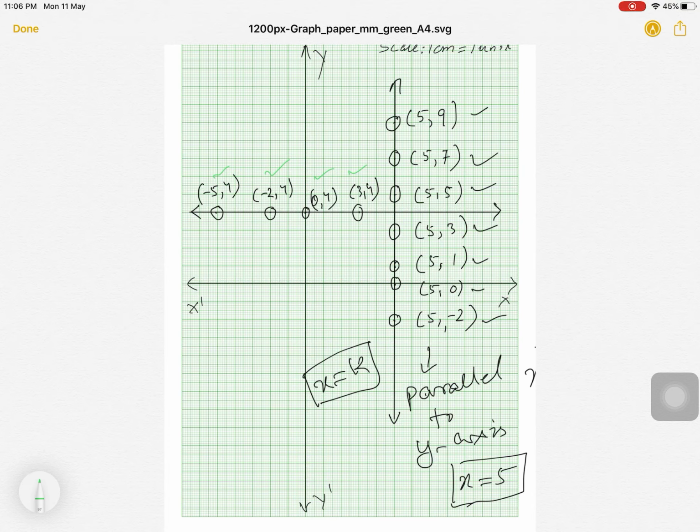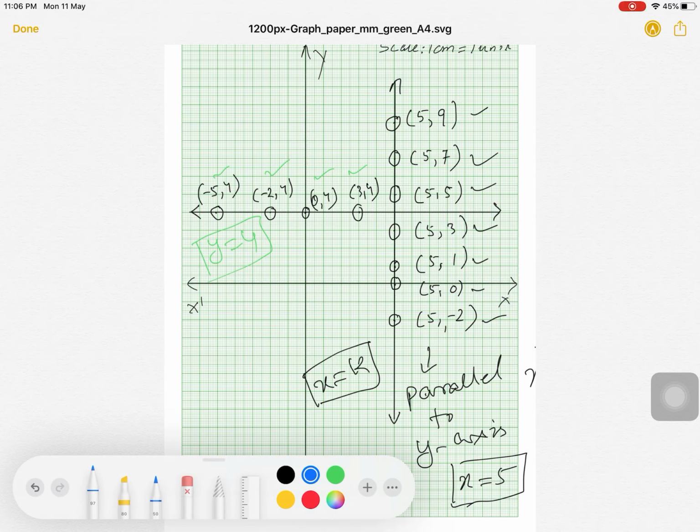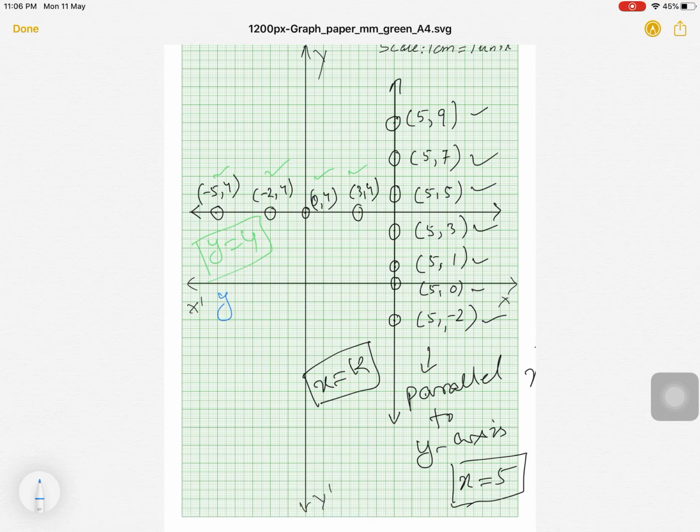These are the different points on this line, and if we look at the points, we are sure that the value of y is fixed here. That means here y equal to 4. So we can write it as y equal to k.